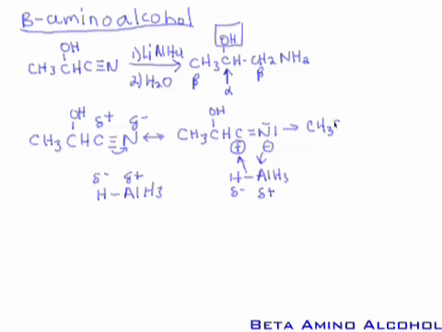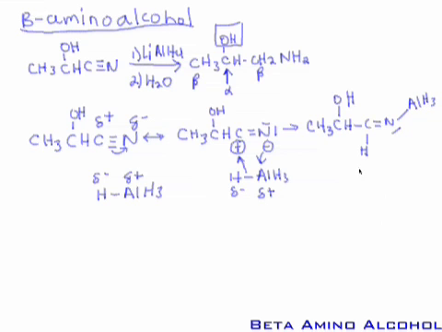CH3, CH, OH. And you'd have a C with an H and a double bond now with a nitrogen lone pair and an aluminum with 3 H's off of it. So the aluminum interacts with the nitrogen, helping stabilize it.